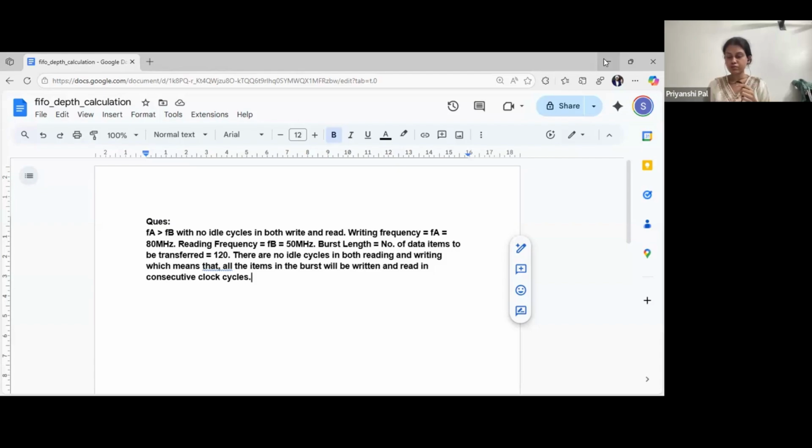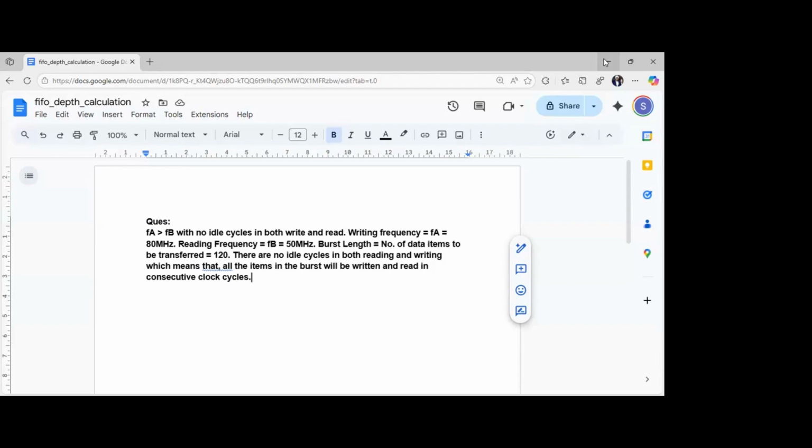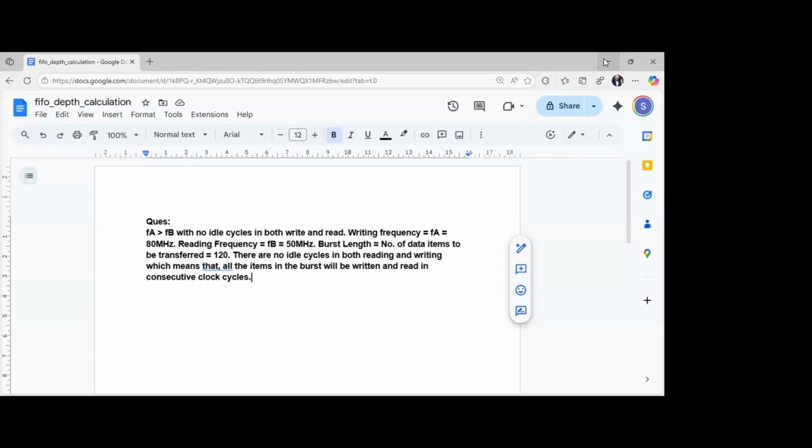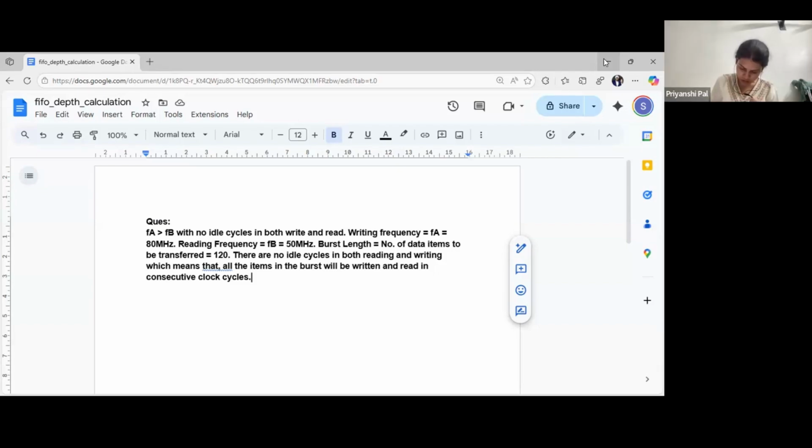Ma'am, is it 2 bytes? Yes, ma'am, what you have said. What was the depth of the FIFO? Ma'am, I'm getting 2 bytes. No. Ma'am, wait, let me try like this.